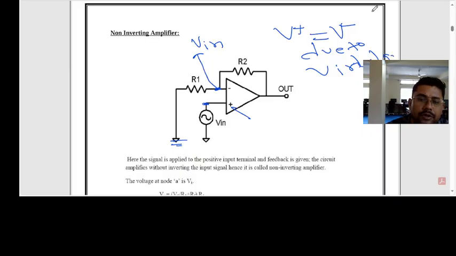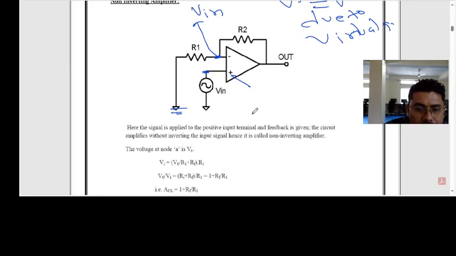The signal is applied to the positive input terminal and feedback is given without inverting the input signal, hence it is called non-inverting.